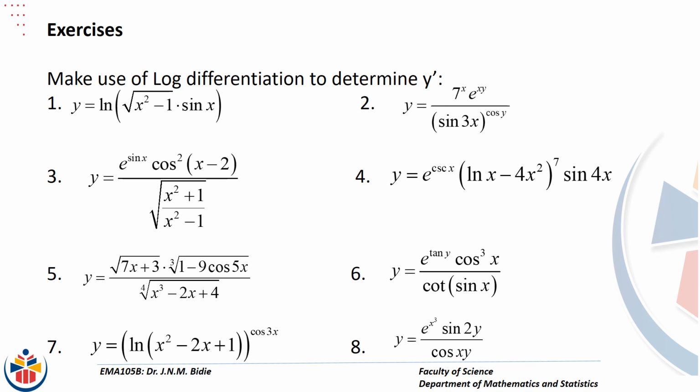It will not be that easy for number 2, number 6, and number 8. As you can see, there you have implicit differentiation coupled with log differentiation. So please attempt. You simply introduce ln and then you substitute.